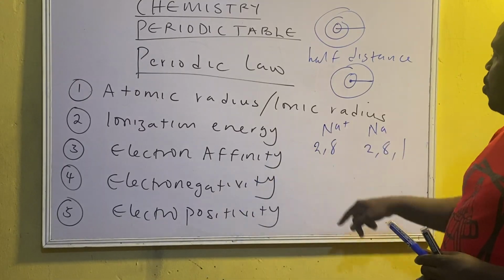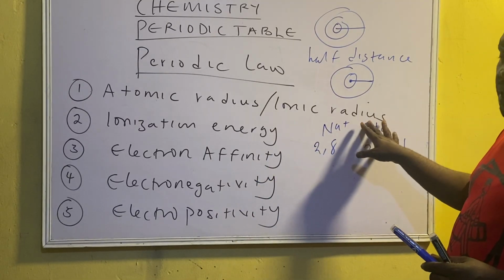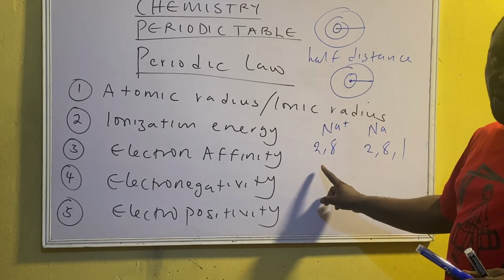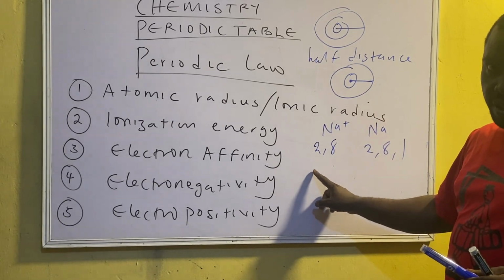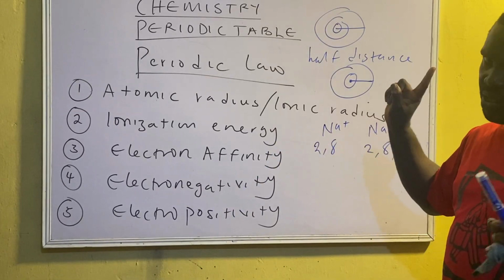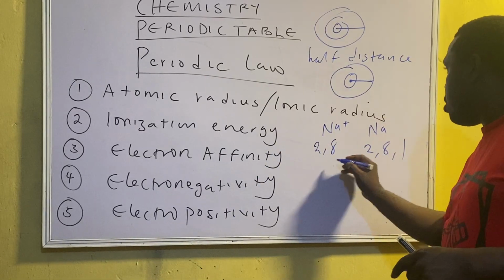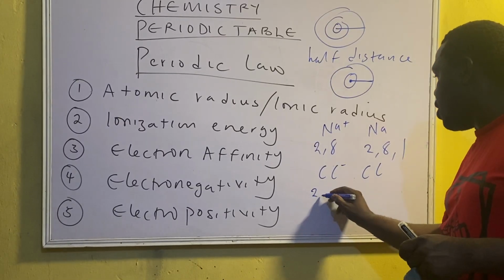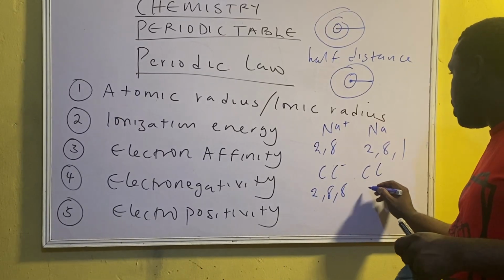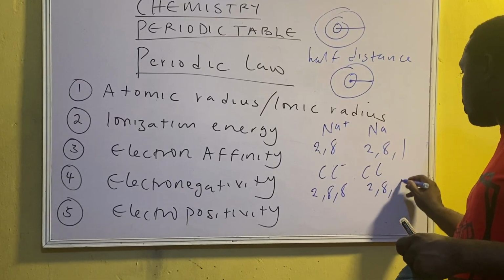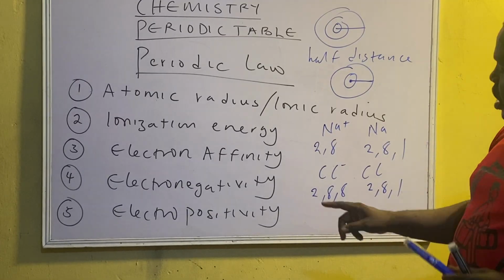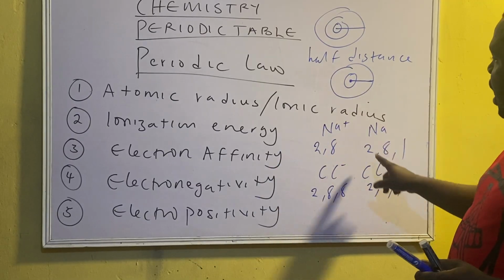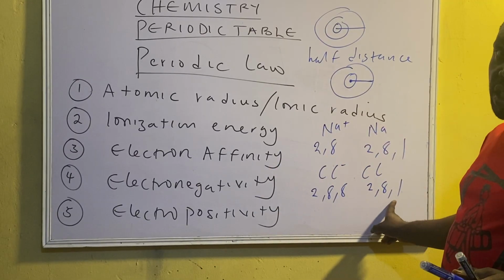For ionic radius, the atom is larger than its corresponding cation. This is not something to argue about. But for anion, this is 2, 8, 8 and this is 2, 8, 7. For anion, the ion has a larger radius compared to its atom.